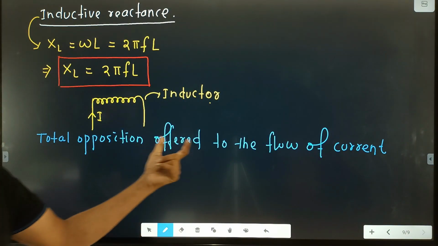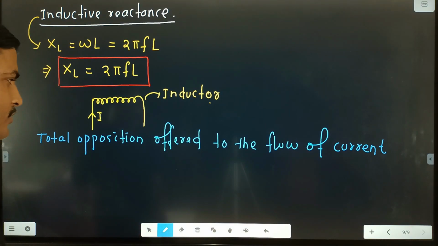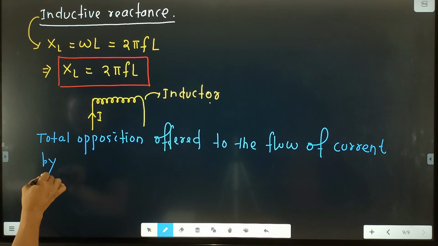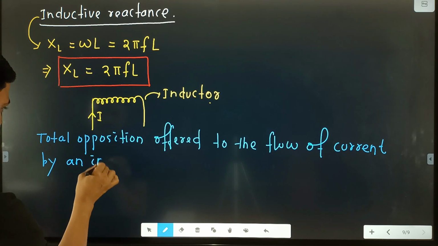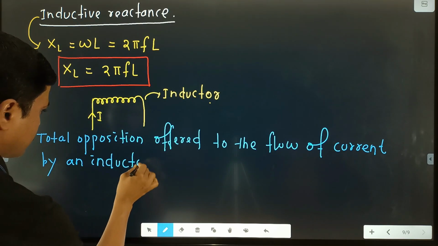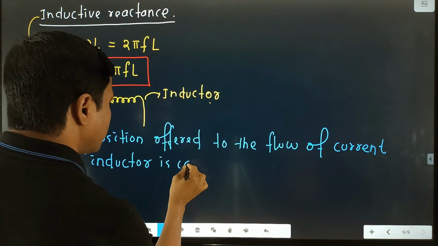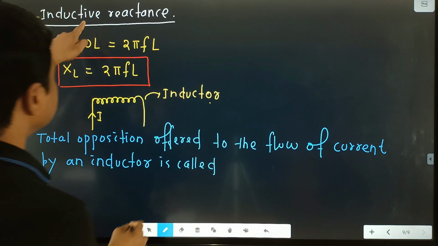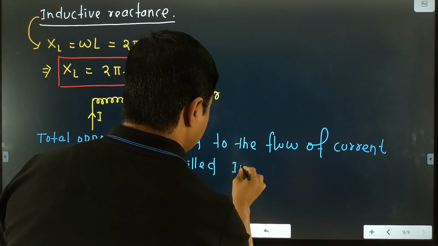That means the total opposition to the flow of current by an inductor is called inductive reactance.